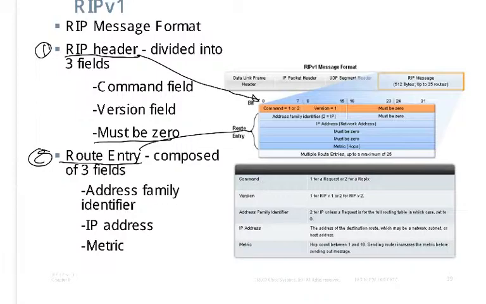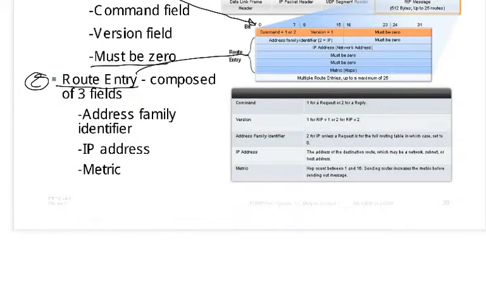The route entry part, which is the blue part here, again contains 3 different fields. The address family identifier indicates whether this is an IP address or IPX or any other network level protocol.